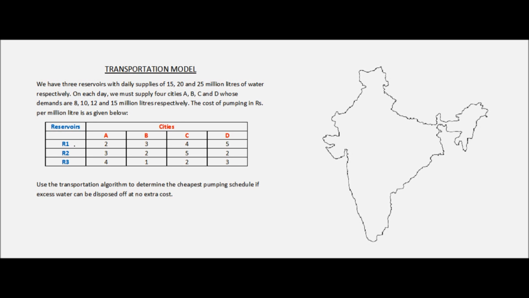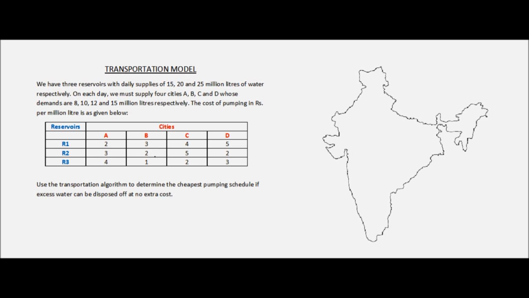So for pumping the water from reservoir R1 to city A, the cost is rupees 2 per million liter, while from reservoir R1 to city B, the cost of pumping is rupees 3, and so on.